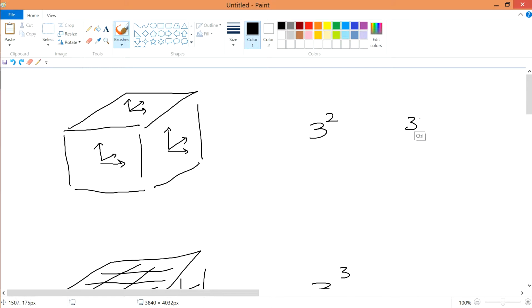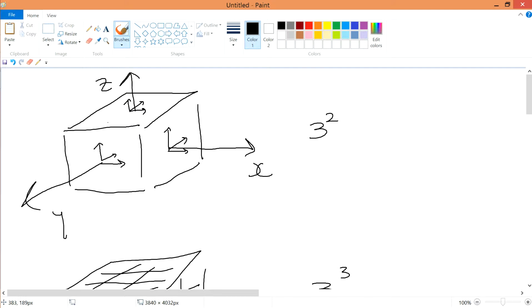If it's a 3 to the power of 1 first order tensor, it's just some vector, some line. If it's a second order tensor, then we have a cube. At each of these surfaces, perpendicular to the x, perpendicular to the y, and perpendicular to the z.